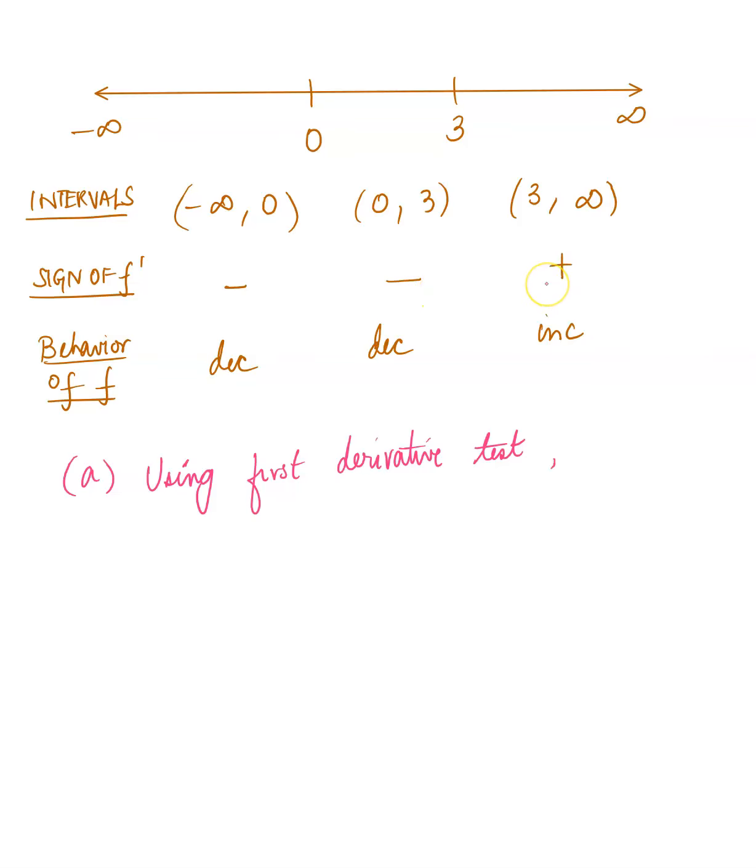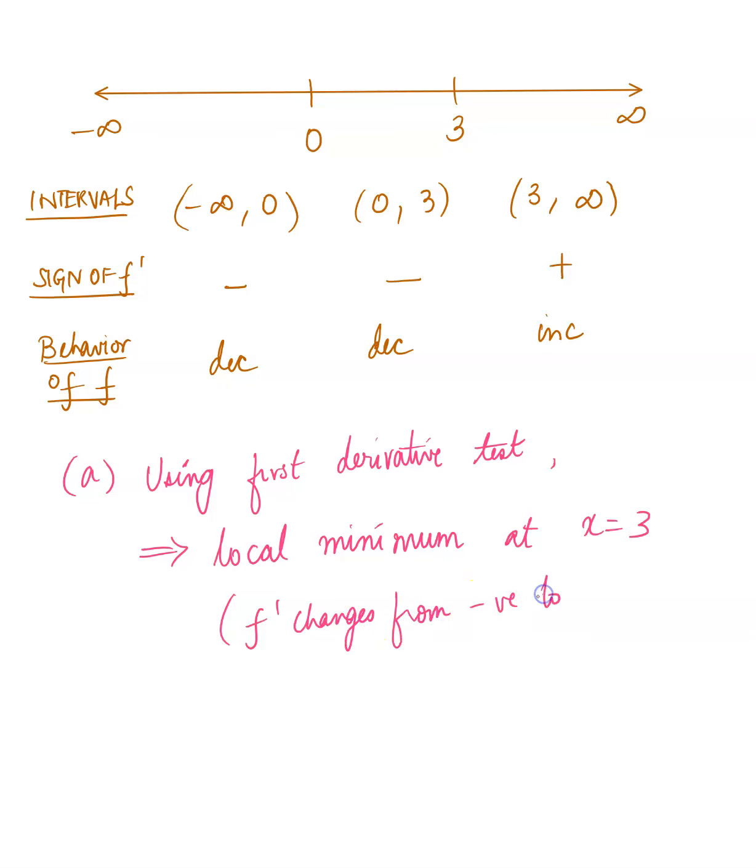Therefore, we know that there is a local minimum at x equals 3. F prime changes from negative to positive. That was the reason for that.